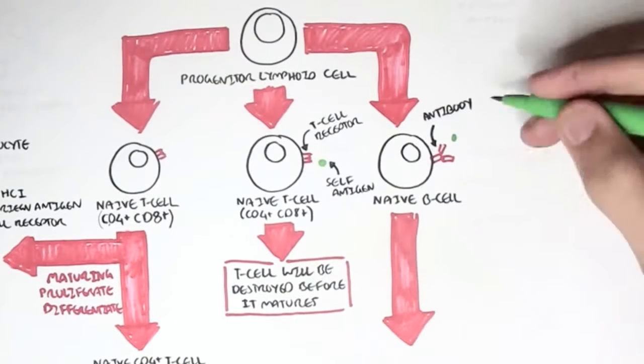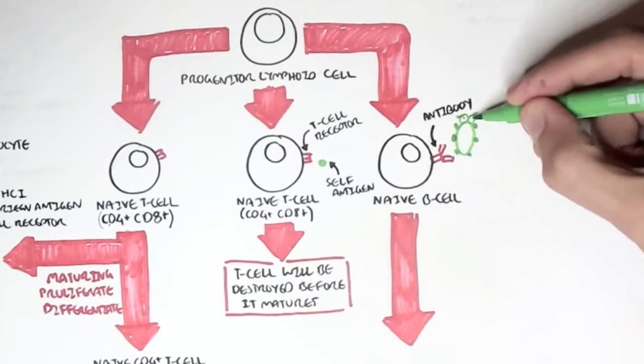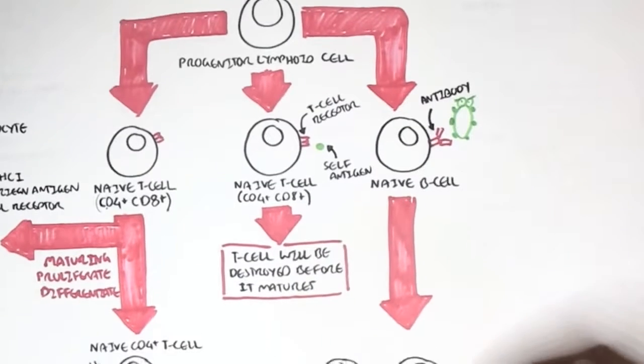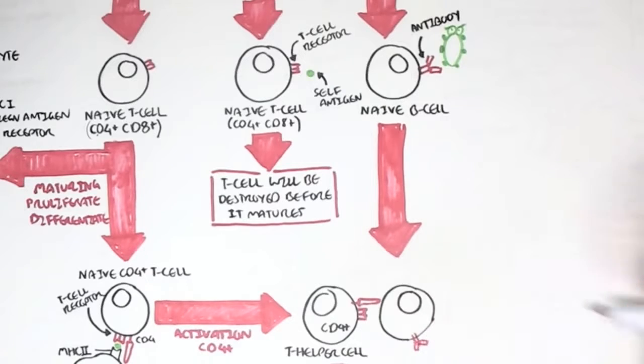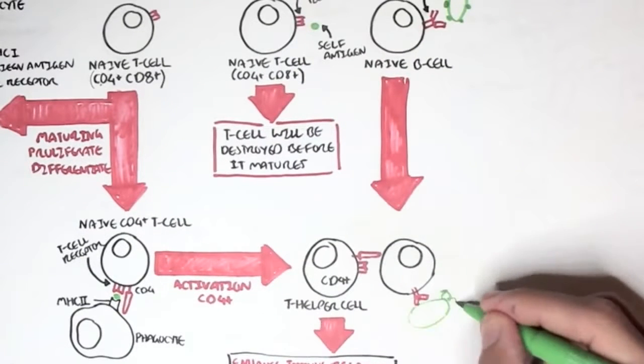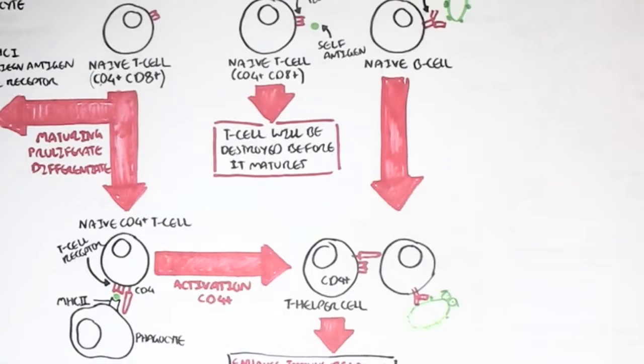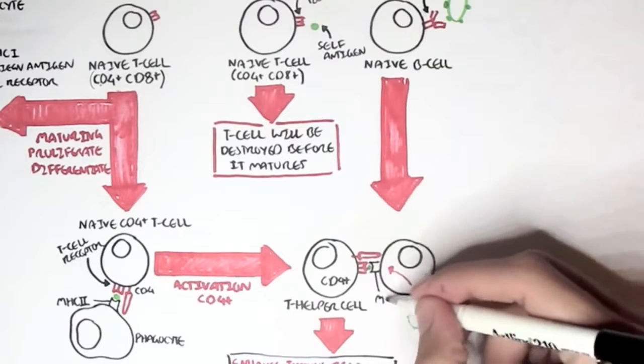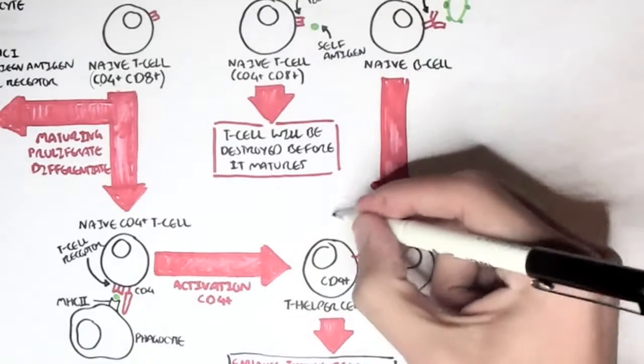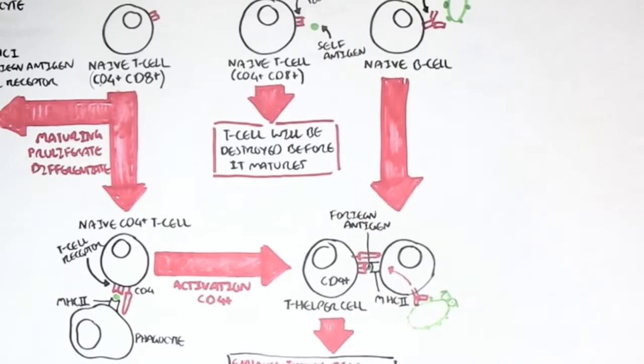So, for example, this naive B cell will recognize this antigen of this specific bacteria, and then this will cause the naive B cell to engulf the pathogen and then process it, and then present this foreign antigen on an MHC class 2 to the activated T helper cell. So the B cell engulfs this foreign pathogen, processes it, and then presents its antigen on the major histocompatibility complex class 2 to the T helper cell.